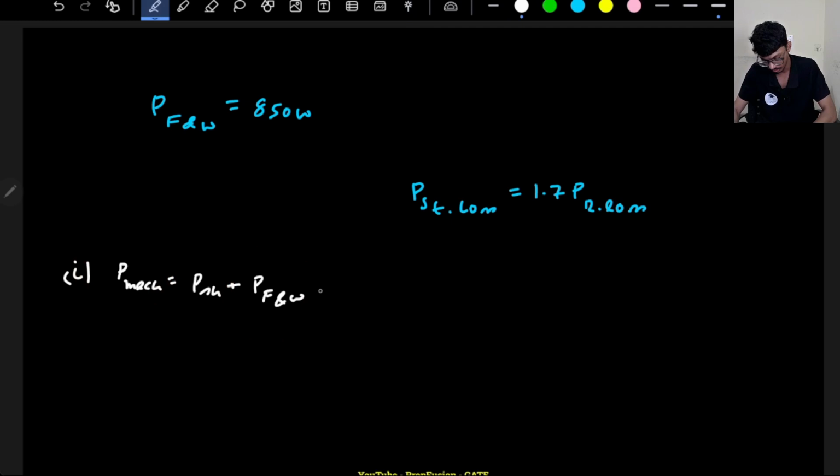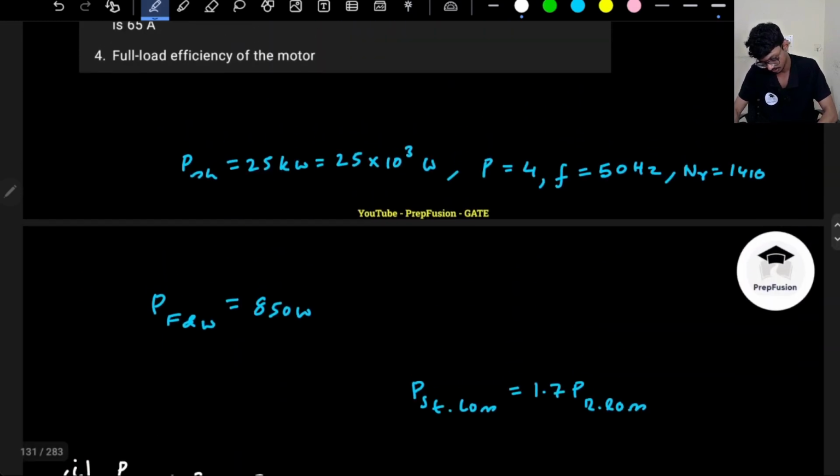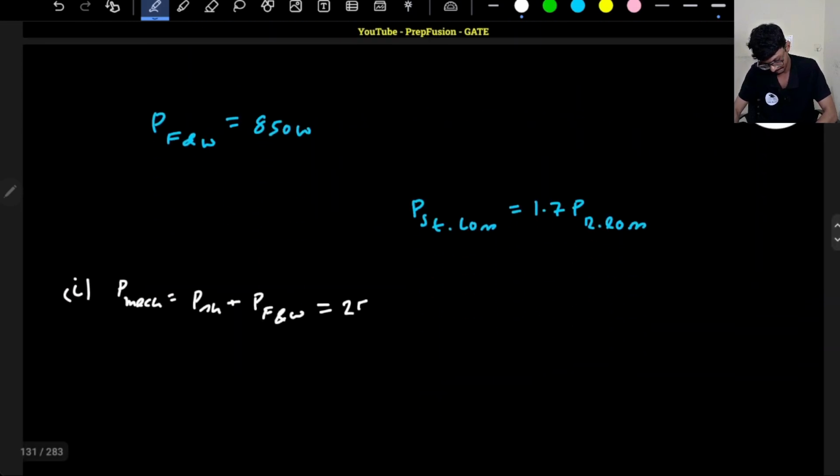So the mechanical power developed will be P shaft, that is given as 25 kilowatt, plus friction and windage loss. So friction and windage loss is 850.